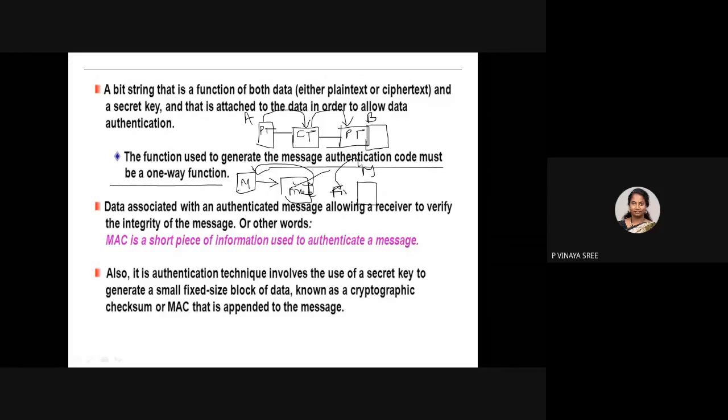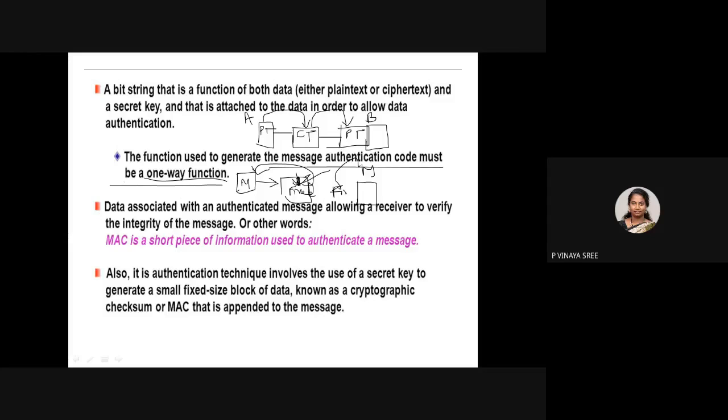It is only used for identifying whether the message is modified and whether the message is from a proper user. You can understand that clearly when we go to the explanation. But try to understand, you can convert the message to fixed size, but from fixed size length it cannot come back to a message. That is a message authentication code.